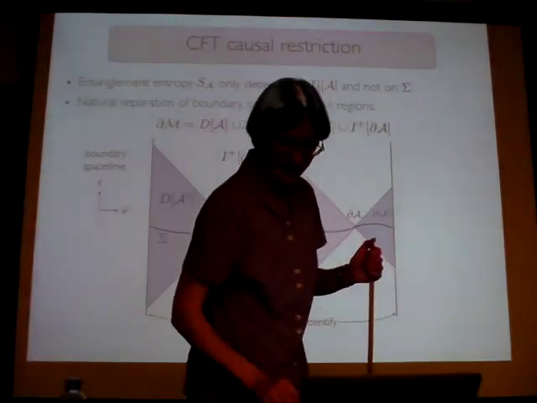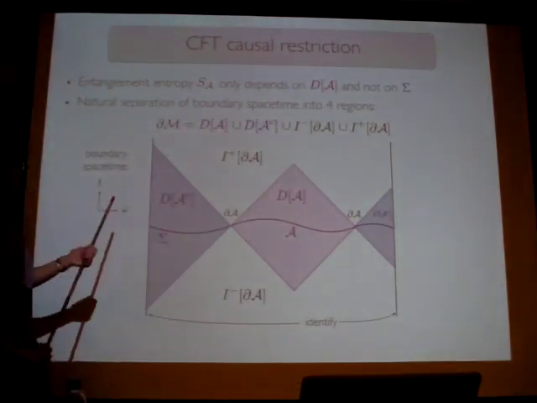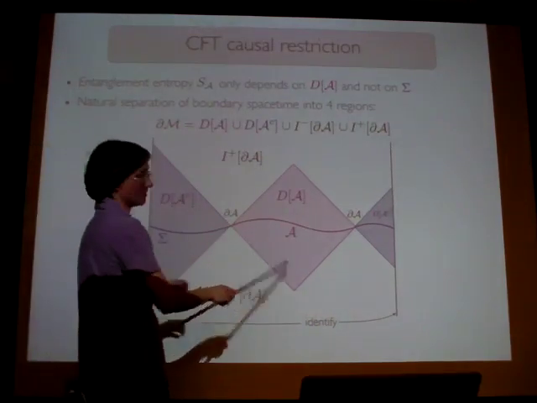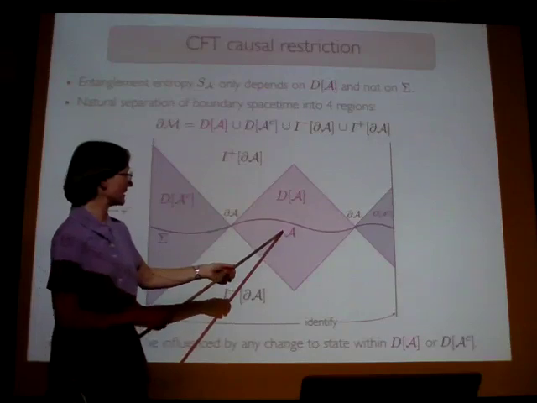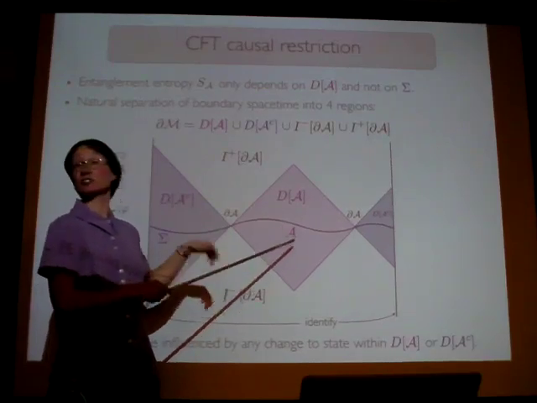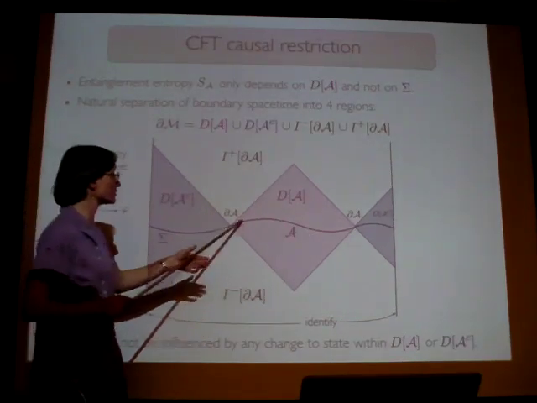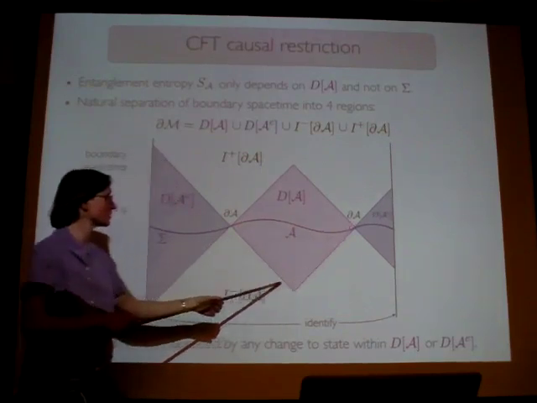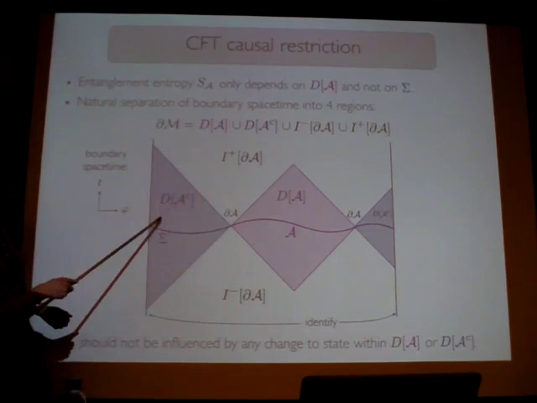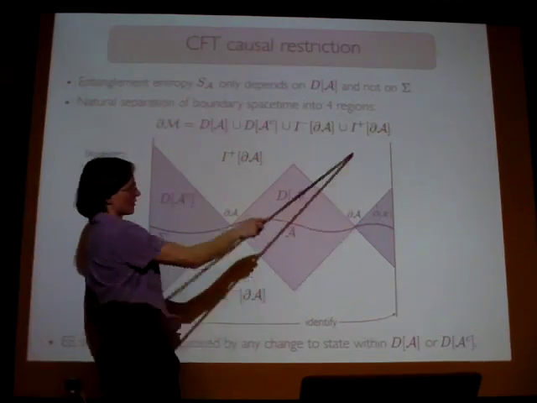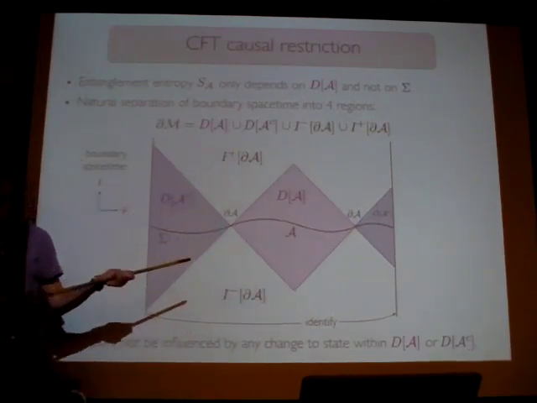Suppose you change the state within this region. That cannot change the entanglement entropy, because you could imagine that this slice was already there before that change. Similarly, if you do any deformation of the state in the future, you cannot change the entanglement entropy.